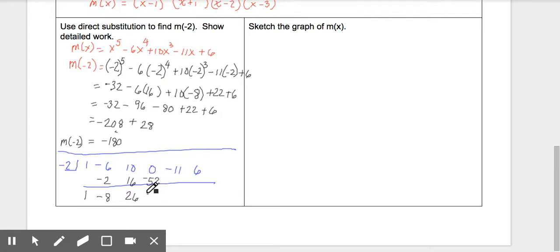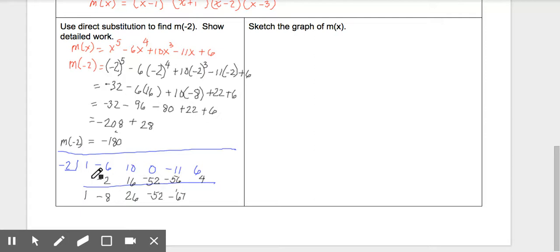0 minus 52 is negative 52. Negative 52 times negative 2 is negative 56. Now this is negative 67. And 2 times 7 is 14.